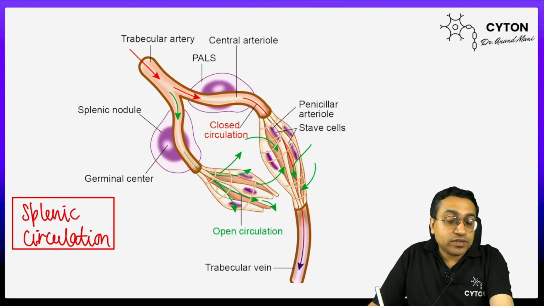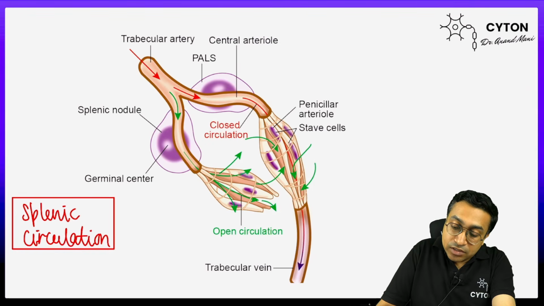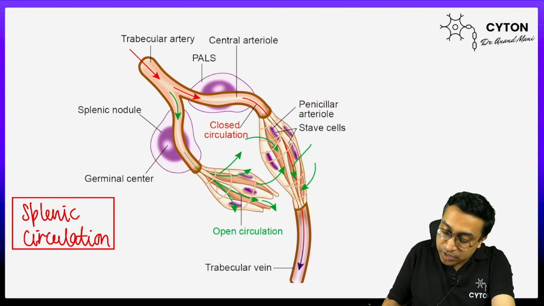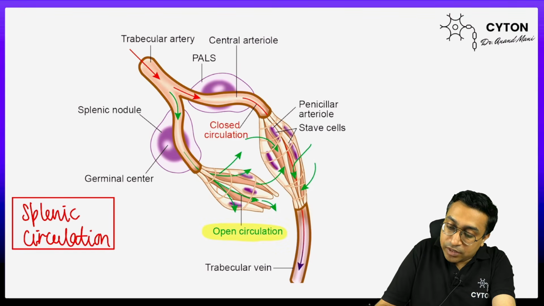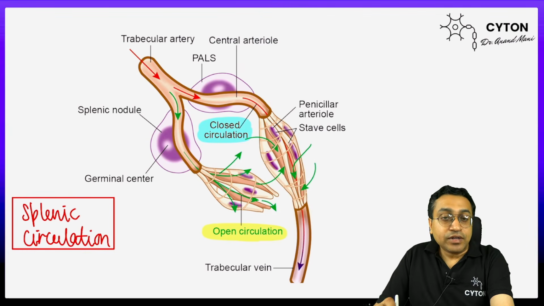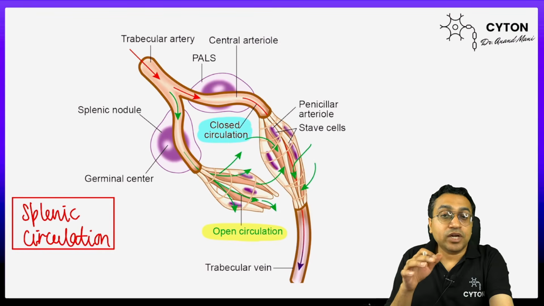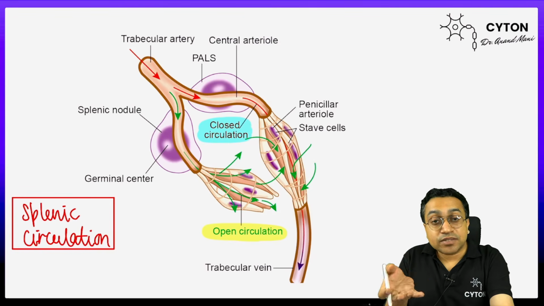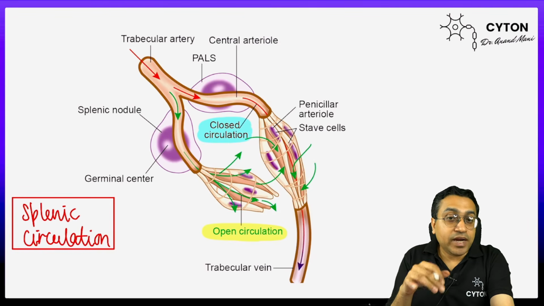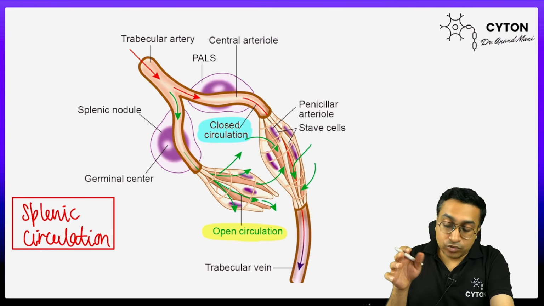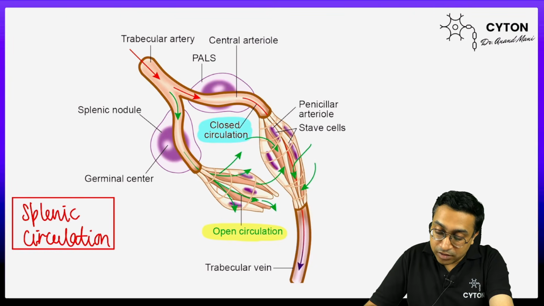There are two concepts of this. One is the open circulation and another one is the closed circulation. Now understand, the open circulation has sheathed capillaries which open into the red pulp, and the blood passes through the cords of the red pulp and finally enters the splenic sinusoids. You can see the green arrows drawn here, that is the open circulation.